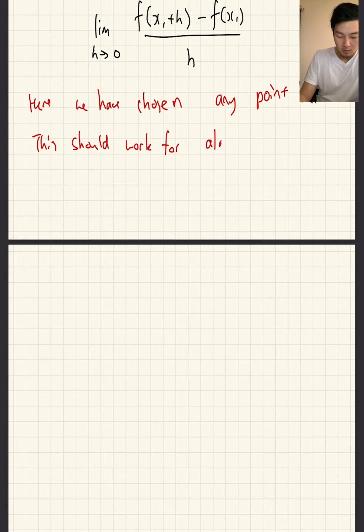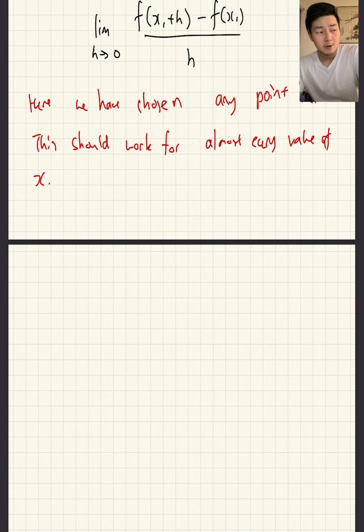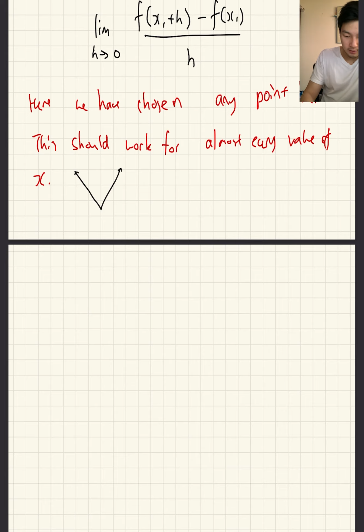The reason why I say almost is that there are circumstances where a particular point doesn't have a gradient, for example, at the bottom of an absolute value function. At this point here, it's not differentiable.